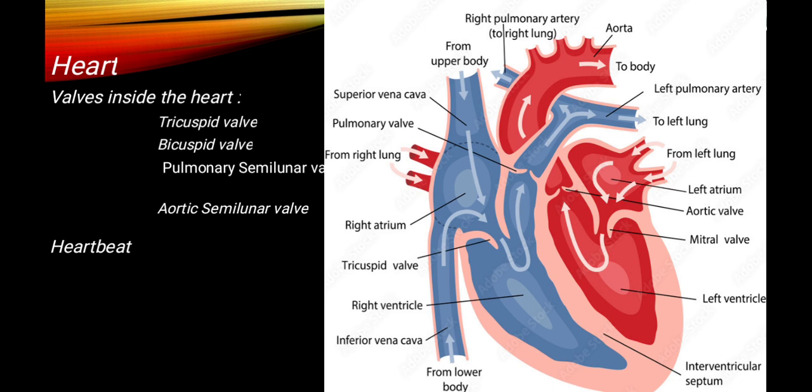This contraction phase is called the systole. The heart not only contracts but also relaxes. The relaxation phase is called the diastole. Both these phases occur in a rhythmic manner, one after another. Then they are called the cardiac cycle or our heartbeat.